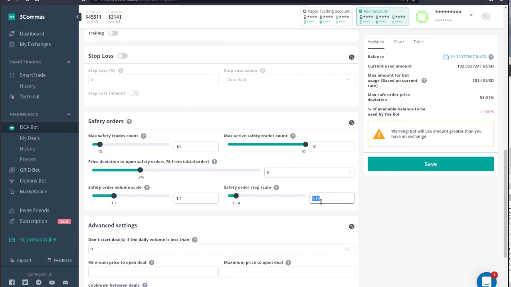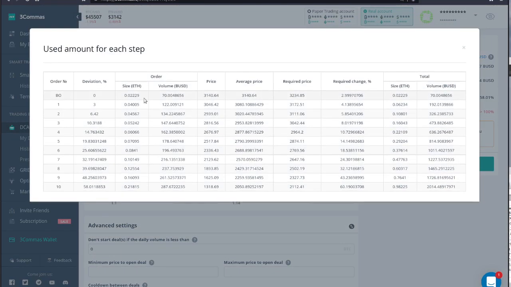This might make it a little bit slower to get out of profits when it deviates down, because it has to deviate down more in order to buy the next level down.